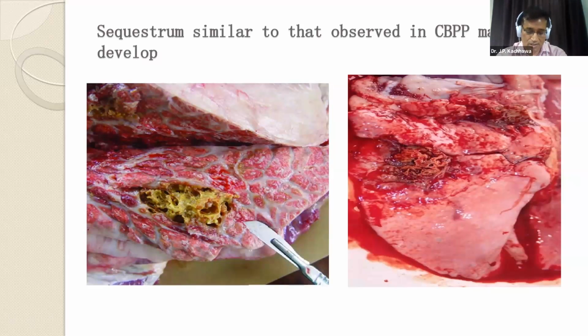Here there is no blood supply, and it is not involved in the respiration process. This sequestrum is formed due to the accumulation of the infective organism in a particular area, and it remains as a capsule, although it does not cause much problem to the animal.